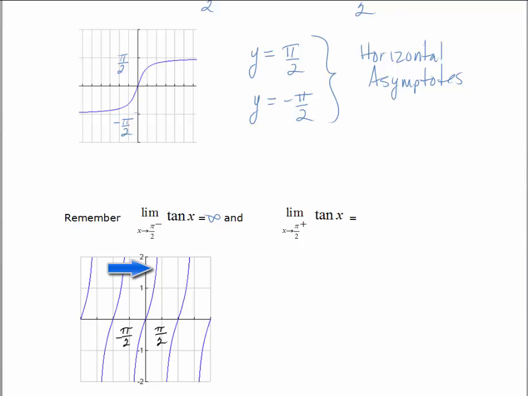We also, when x approaches pi over 2 from the right of tan x, the y values are going to negative infinity. And so negative infinity is the value of the limit, and we had a vertical asymptote at x equals pi over 2.